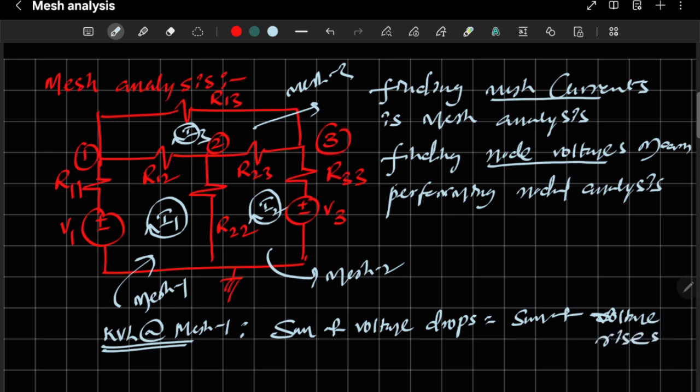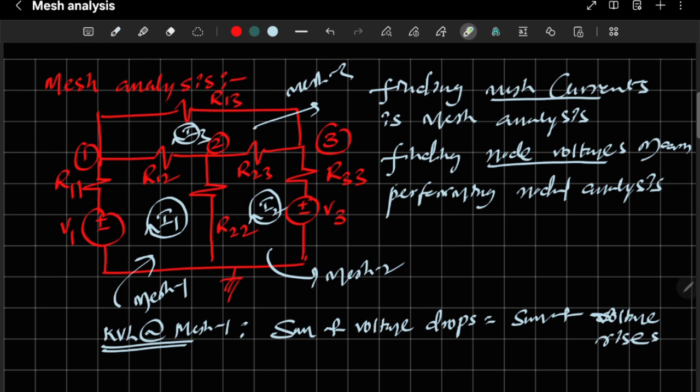So in mesh 1 we have three resistors, R11, R12 and R22, and only one voltage source is there, that is V1. So across R11, R12 and R22 you will have the voltage drops, and the voltage rise is there in the clockwise direction. If you observe, there is a voltage rise by V1.